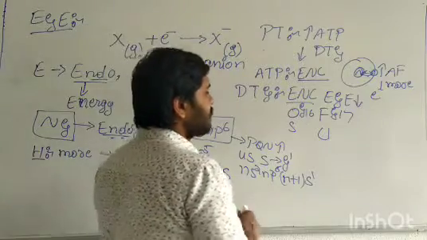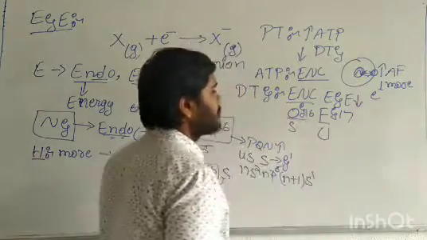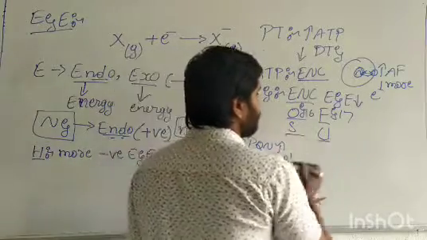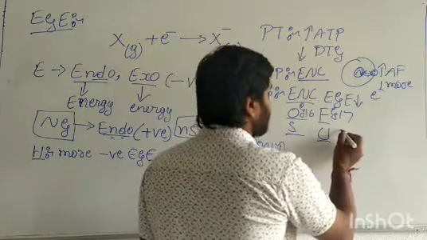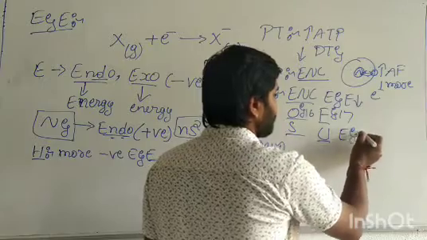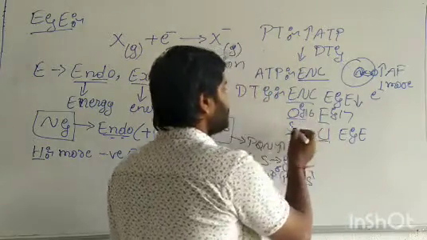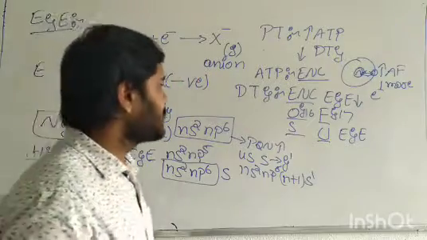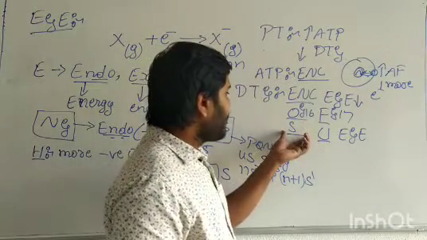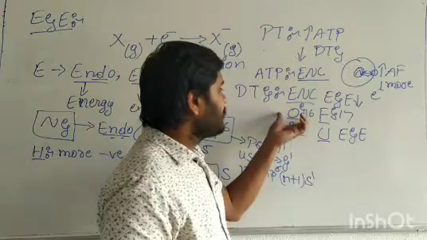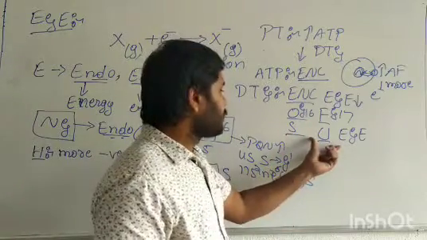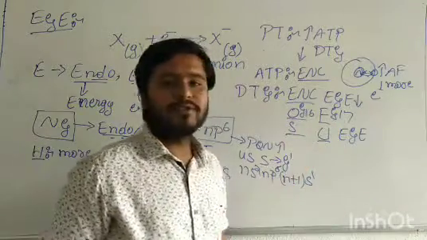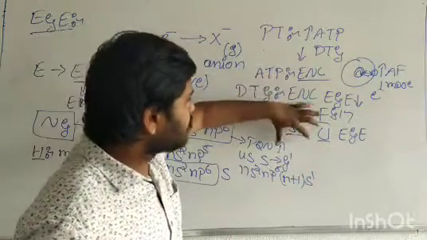But in the case of oxygen and fluorine, sulfur and chlorine will have the highest electron gain enthalpy compared to oxygen and fluorine in the corresponding series. Sulfur will have higher electron gain enthalpy than oxygen, and chlorine will have higher electron gain enthalpy than fluorine.